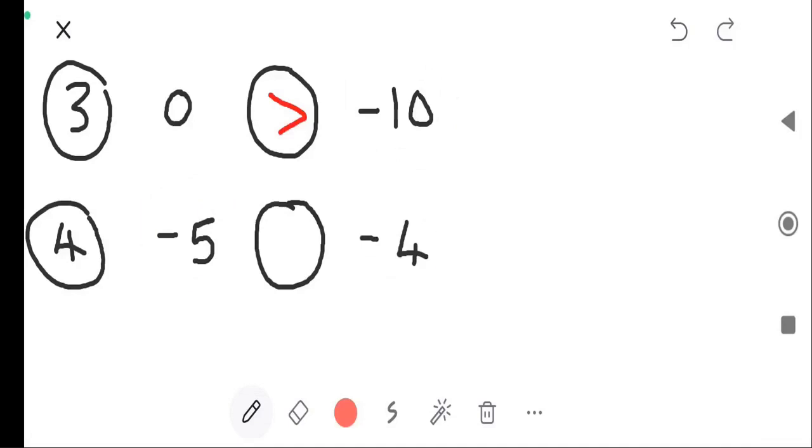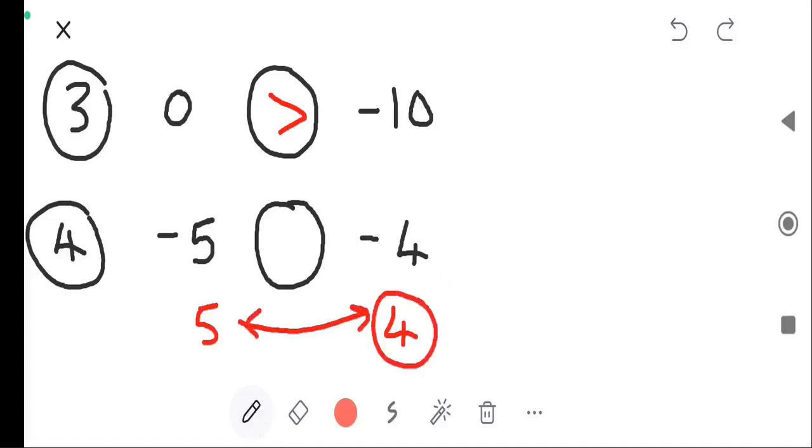Now, when you have two negative integers, how do you know the bigger one? It's very easy. If you remove the sign from minus 5, it will become 5. If you remove the sign from minus 4, it will become 4. Now, which of these digits is a smaller digit? 4 is a smaller digit, right? Good.